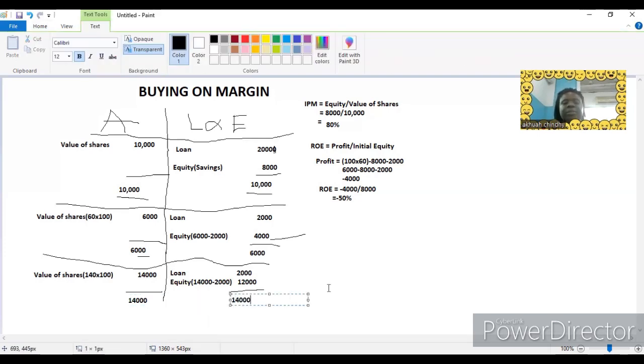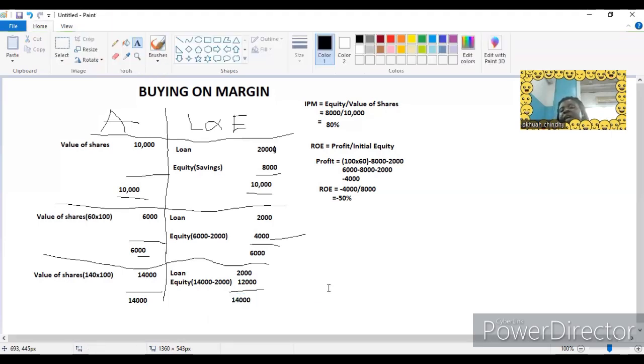Then we are done. So here, to find the percentage margin, the formula is here. Just pick your equity and then divide by the value of your shares. Then we look at profit for this aspect.